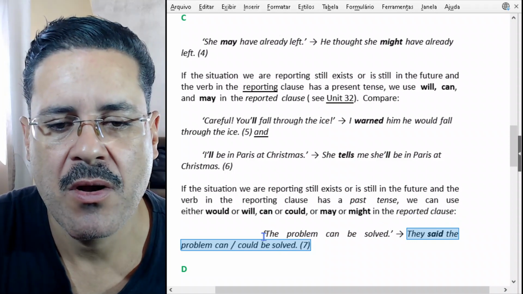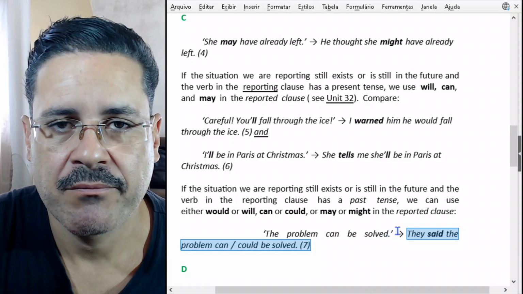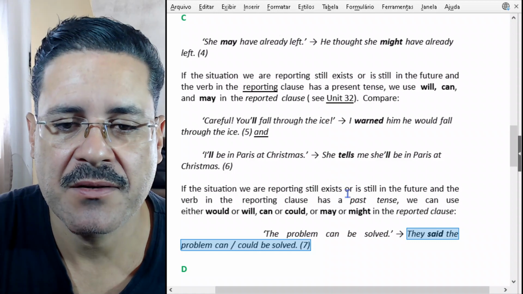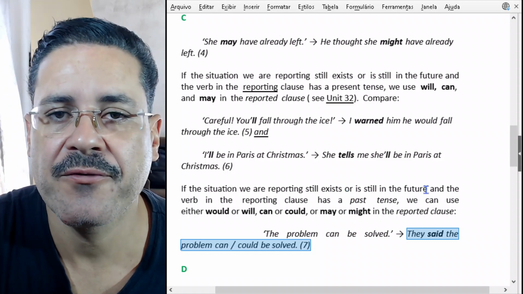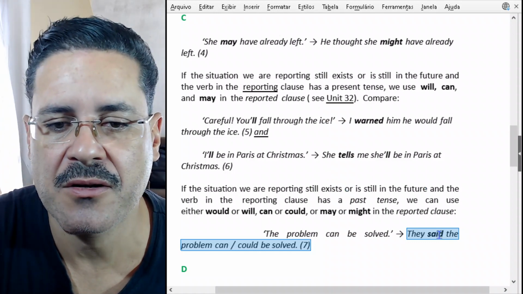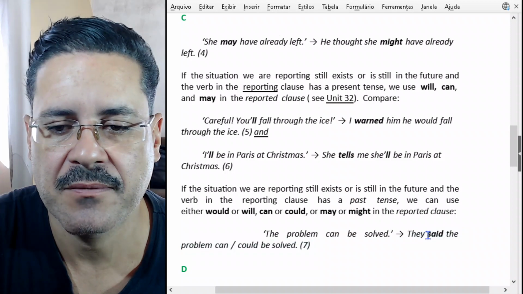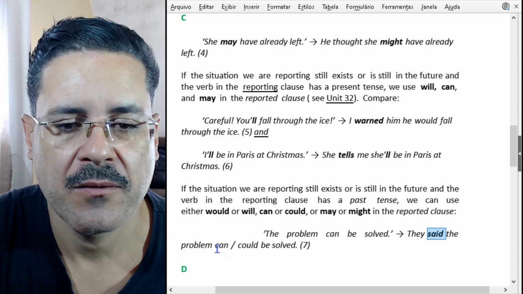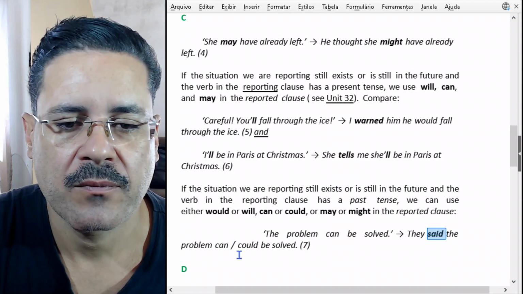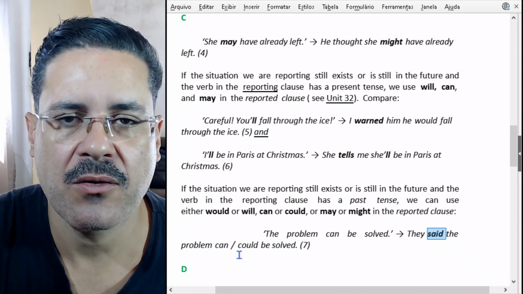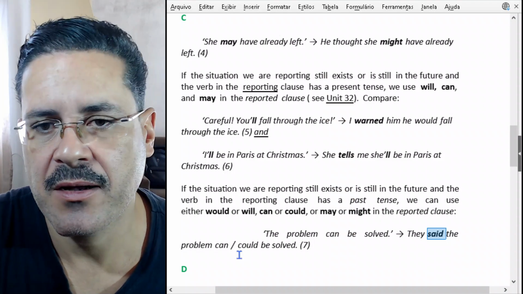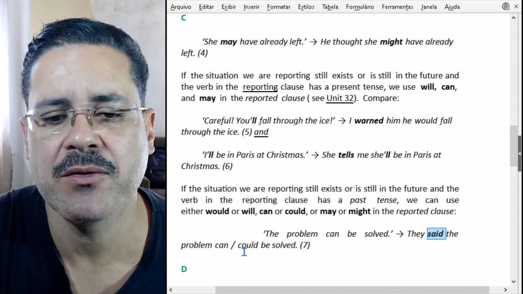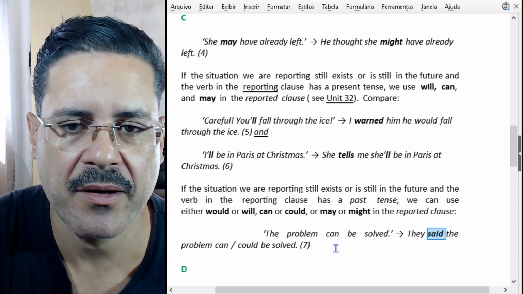For example, the problem can be solved. They said the problem can be solved, or they said the problem could be solved. So there's no problem about that.